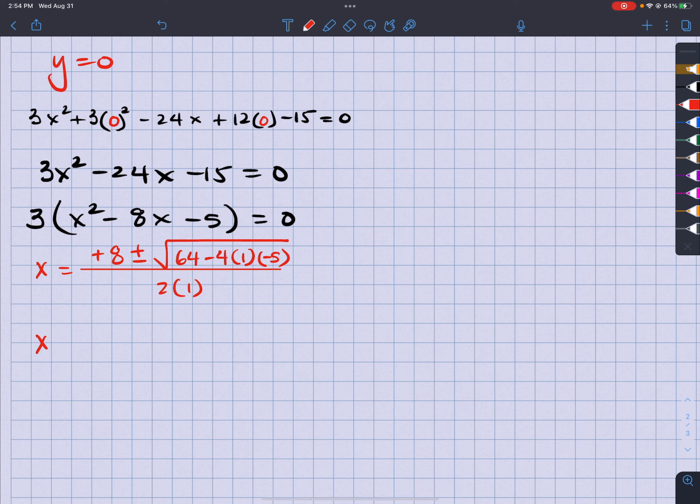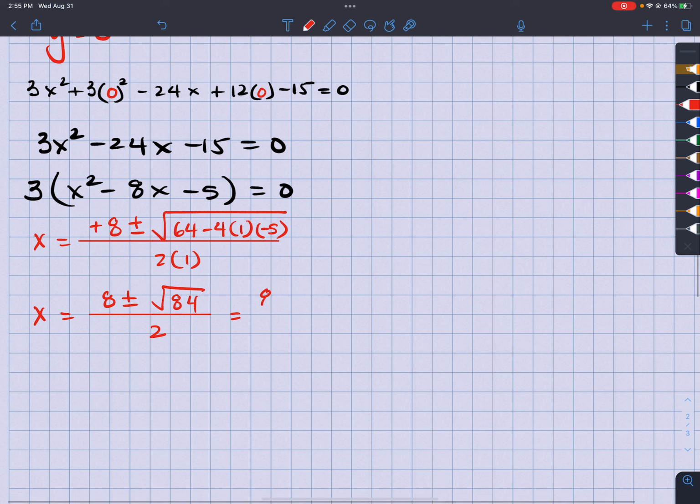So x is going to equal 8 plus or minus the square root of 84 over 2. And when I break that down, I'm going to have 8 plus or minus 2 square root of 21 all over 2.